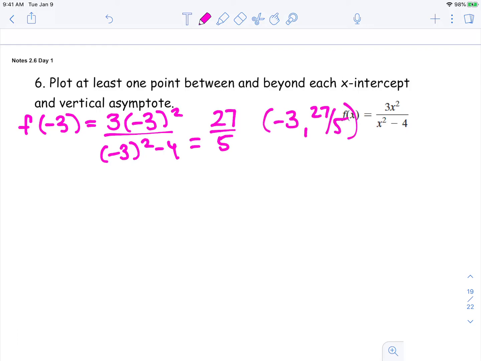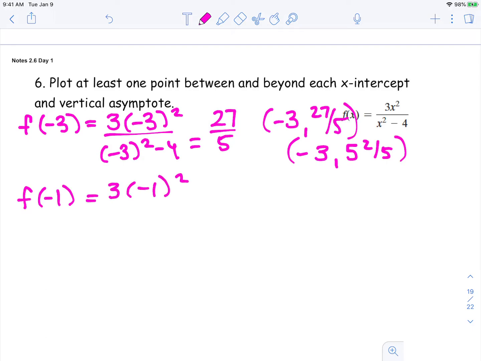Well, 27 fifths is really hard to graph. So think about 25. 25 fifths is about 5, so it's a little bit more than 5. So it's 5 and 2 fifths. Then we'll say f of negative 1. You would simplify it, and you get negative 1. So you have an ordered pair negative 1, negative 1.